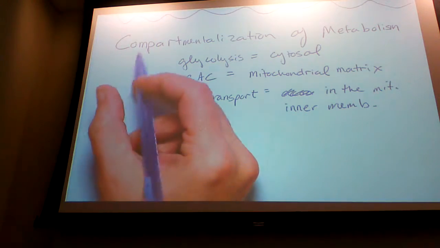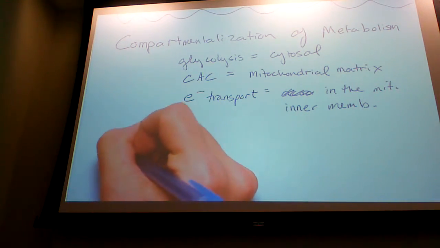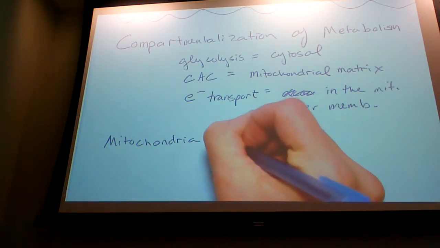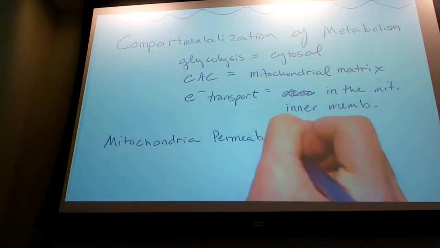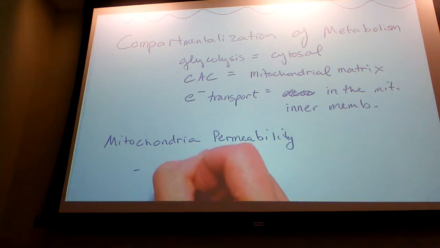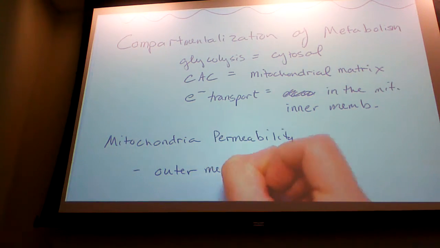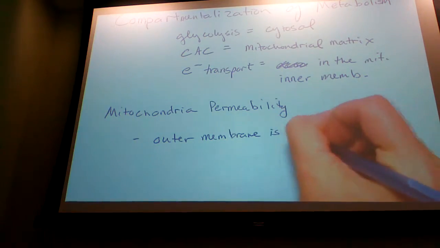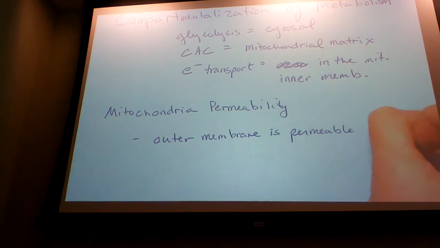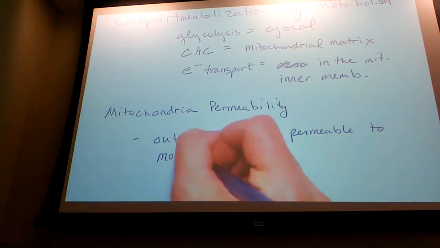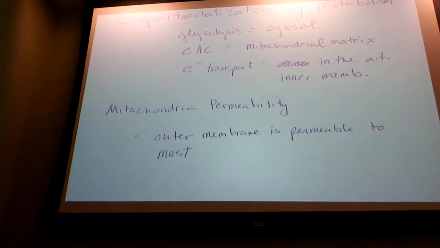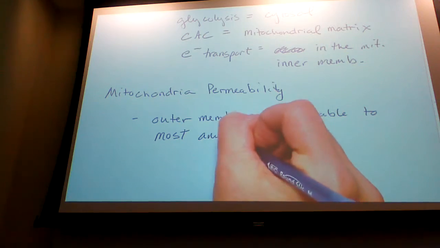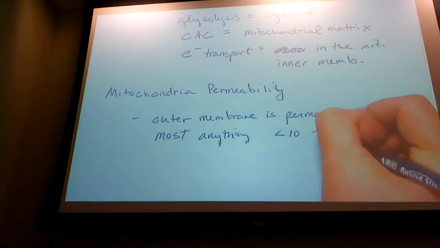So your outer membrane, we talked about mitochondrial permeability. The outer membrane is very permeable. I'm going to say to most anything. At some point you get really big proteins and you can't pass, but it's permeable to most anything less than 10 kilodaltons in size.